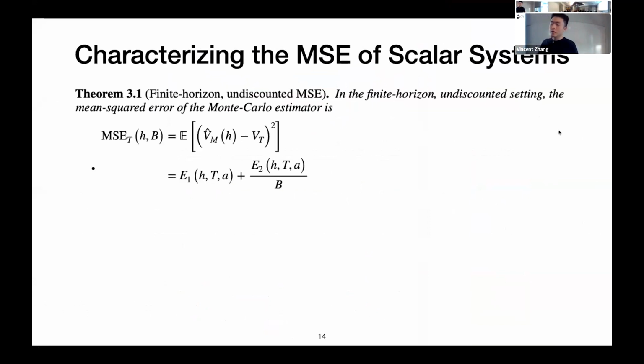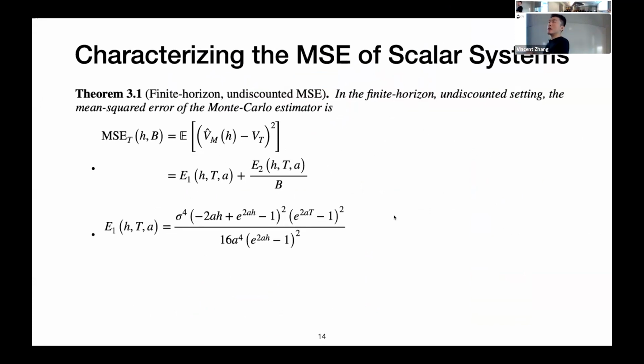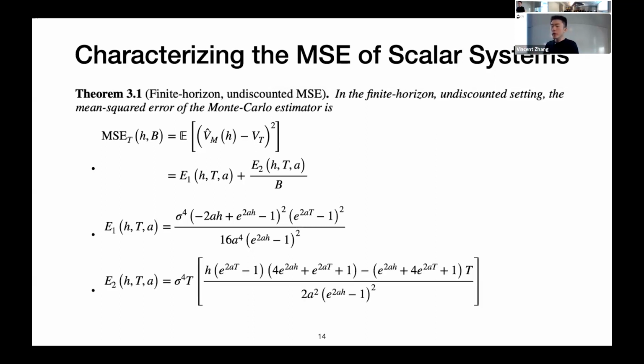All right. Okay. So now we are going to characterize the MSE of the scalar system. And we had that metric. And when we write out everything, because we have the analytic form for them, what we end up getting is this long expression.